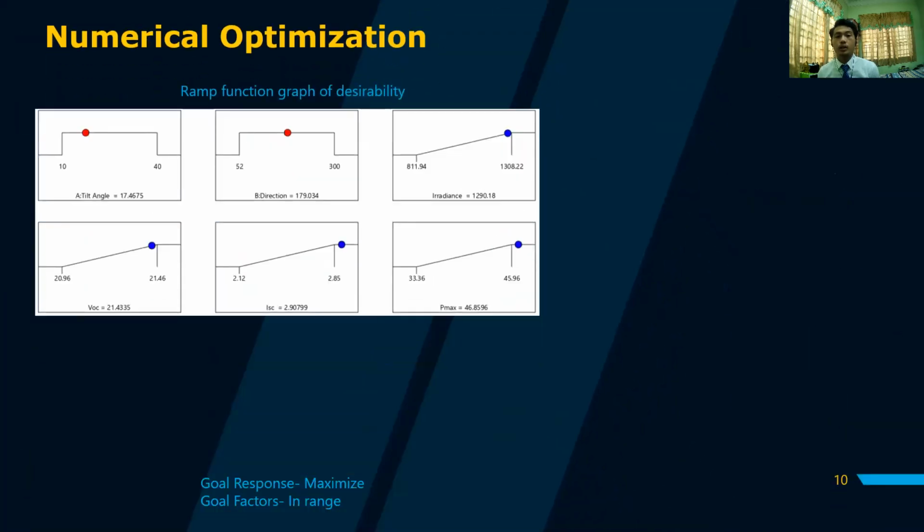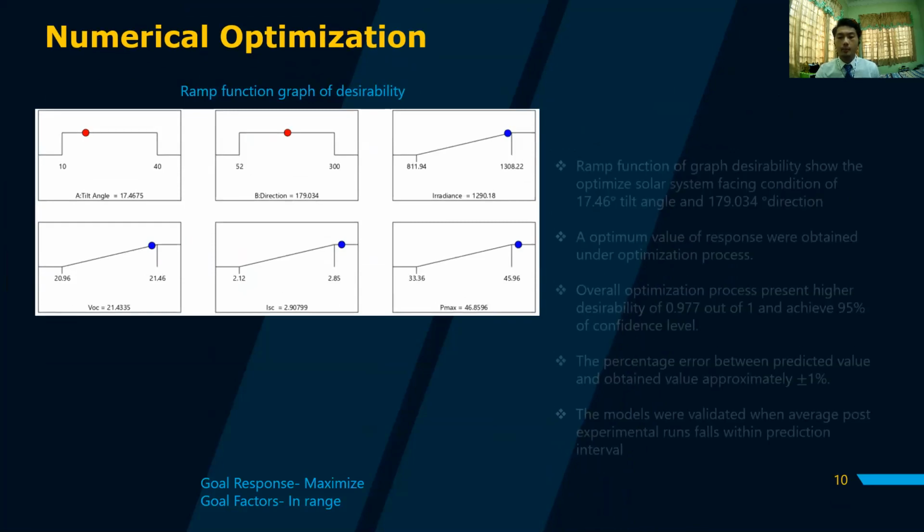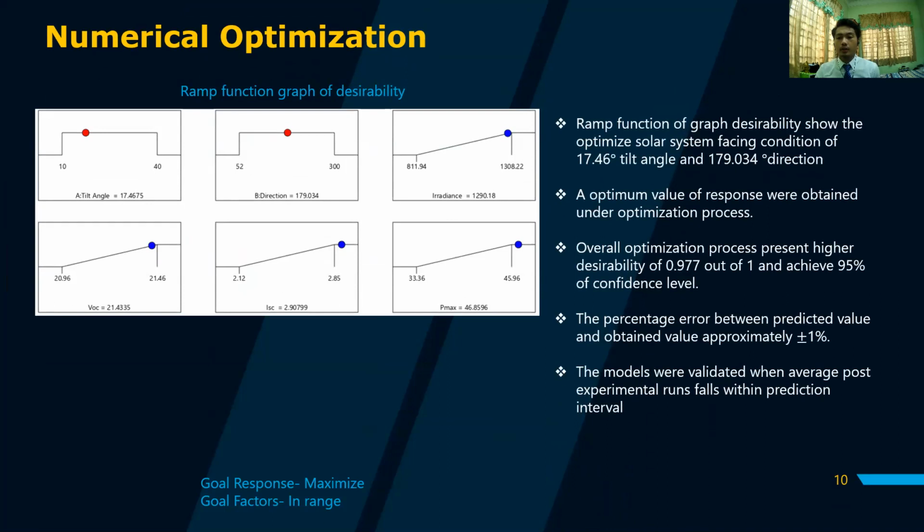Next, I move to the numerical optimization. As you can see, this is a ramp function graph of desirability. The ramp function graph of desirability shows the optimal solar system facing condition of 17.46 tilt angle and 179.03 direction. The overall optimization process presents a high desirability of 0.977 out of 1 and achieves a 95% confidence level.